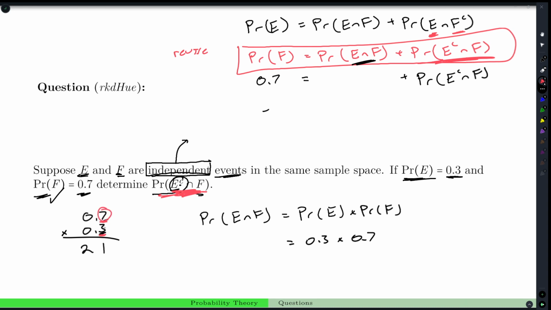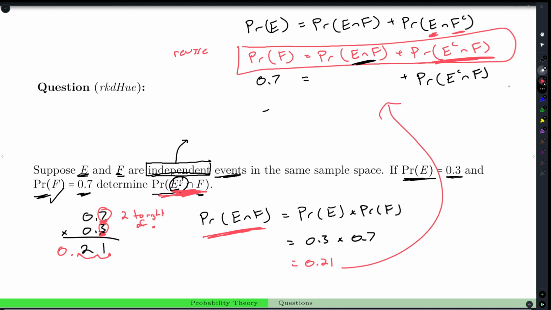There's 1 in 0.7, there's 1 in 0.3, that's 2 to the right of the decimal point. Normally 3 times 7 would be 21, and you move the decimal point to the left by 2 places. So 0.7 times 0.3 is 0.21.